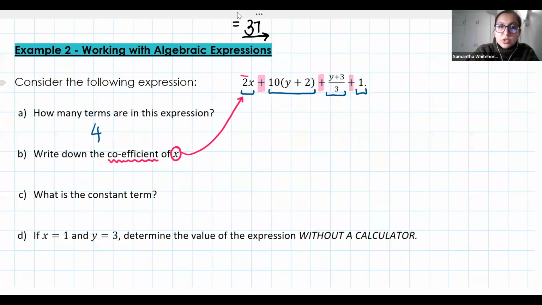We can see it's the 2. And remember, like Sinyane said, it's the number in front of the variable. So our coefficient here is positive 2. That is what we're multiplying our x variable by. Right, Nelson, your hand's up, so I'm going to pick on you. Can you tell us what a constant is?